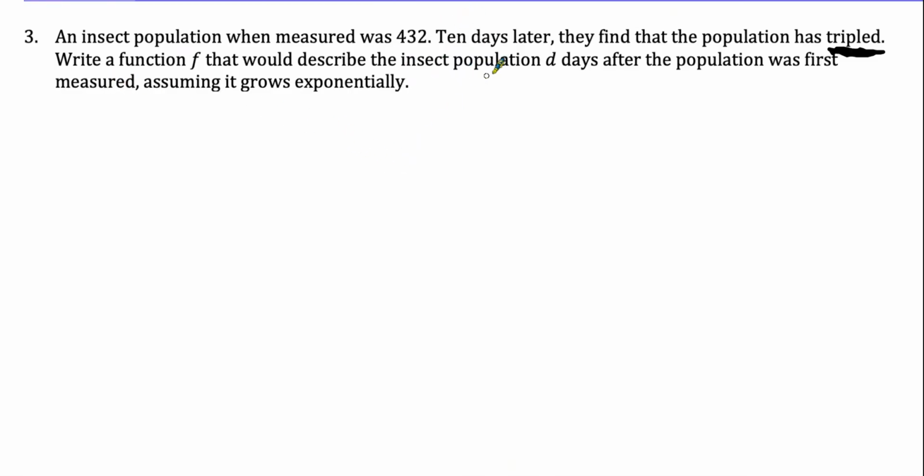We want to write a function that describes the insect population just d days after the population was first measured. So d is the variable. So I'll say my function is f of d equals, and we're told our starting value is 432. And my growth factor over a 10-day period is 3. So if I want to convert that to a 1-day period, my exponent should just be d over 10.